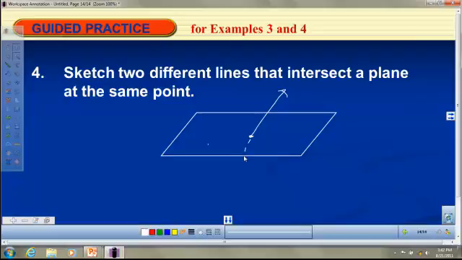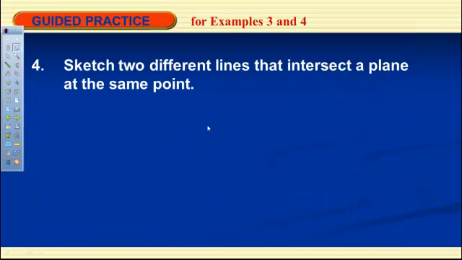So I'm going to draw a dashed line and make it solid, and then I'm going to draw another line here, and a dashed line, and there you go. These two lines intersect the plane at a point. Where the way I did it before, those were actually two lines that are intersecting on the plane itself, so that doesn't really work. That's a better answer.